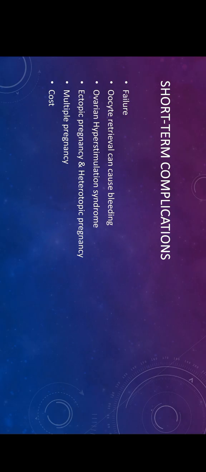The main pathology is that the growing follicles secrete prostaglandins and cytokines, which increase the vascular permeability. So the extravascular fluid will increase, causing hydrothorax and ascites. It is treated with fluid therapy. Ectopic pregnancy and heterotopic pregnancy are other complications, as are multiple pregnancy, and it is costly.